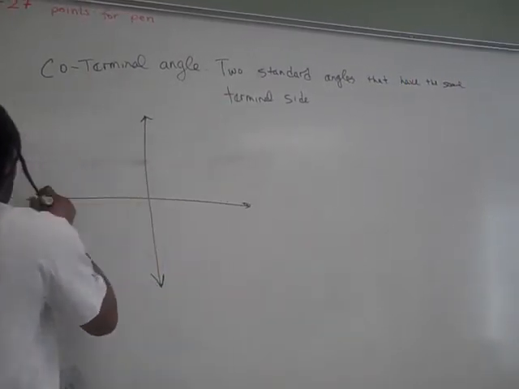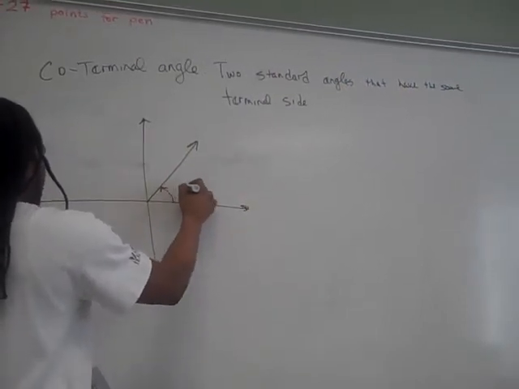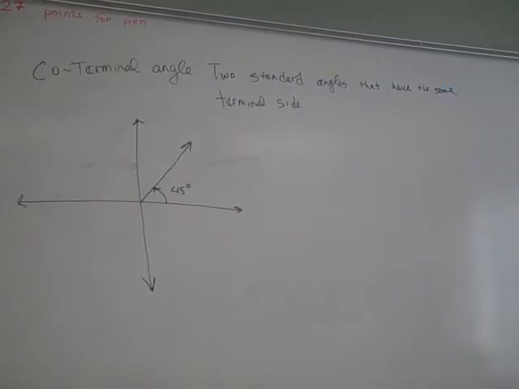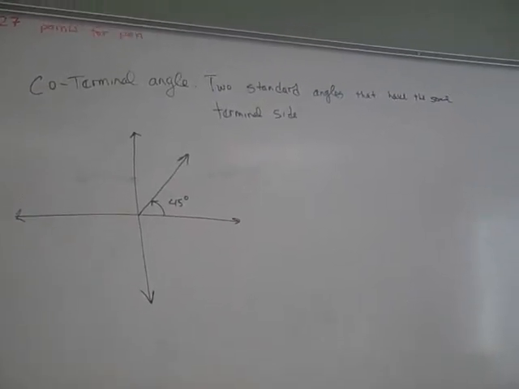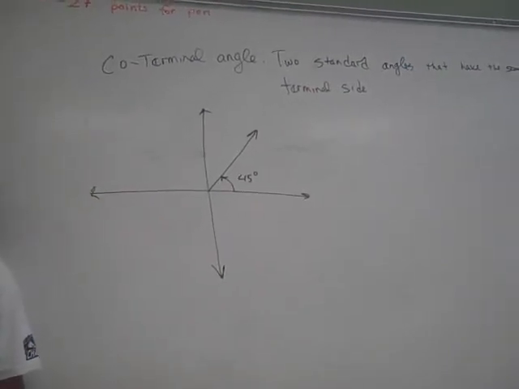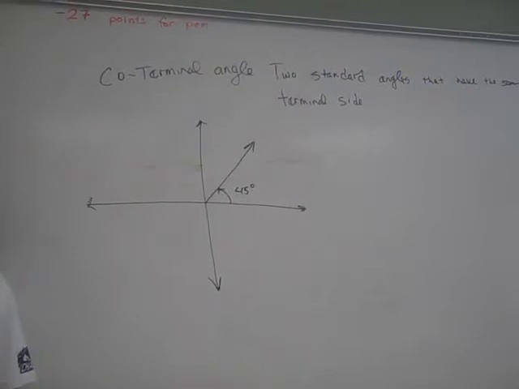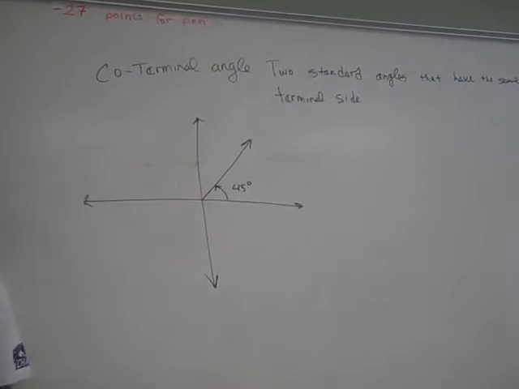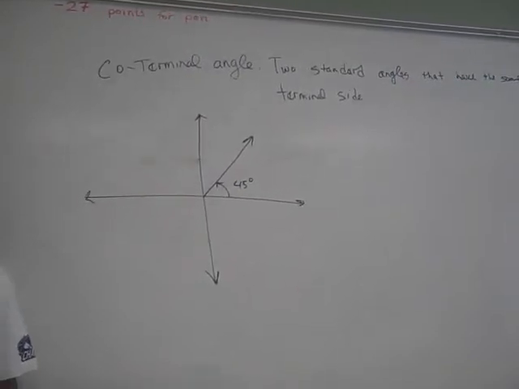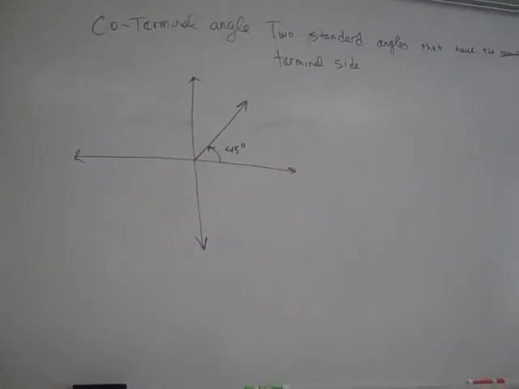Okay. So, if I have a 45-degree angle, how can I create another angle that will end in the exact same place? Starts in the same place and ends in the same place. How would I do that? Think. You have to go around 360. Thank you. I would have to go around 360.